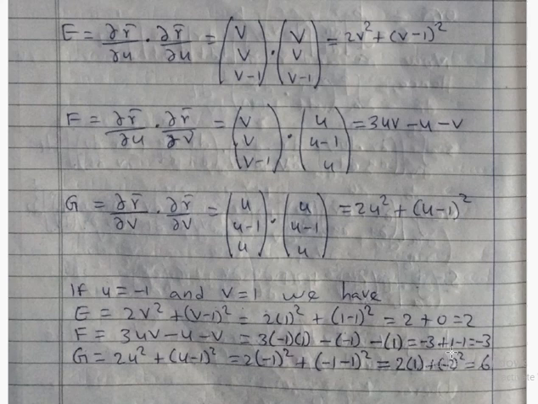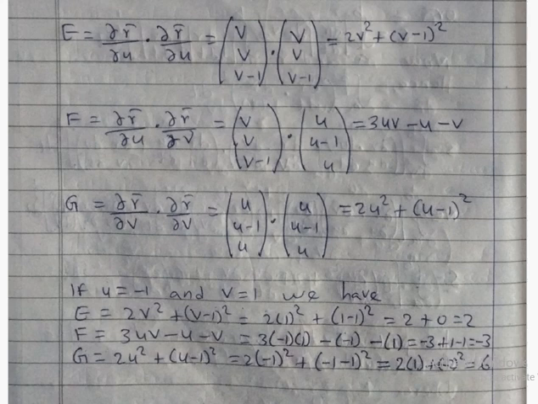For G we have 2 into bracket the square of negative 1, plus the square of negative 1 minus 1, and this simplifies to 2 plus the square of negative 2, that is 2 plus 4, which gives us 6. And that is the first quadratic differential form when u is negative 1 and v is 1.